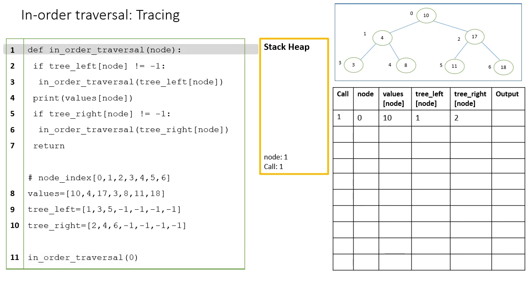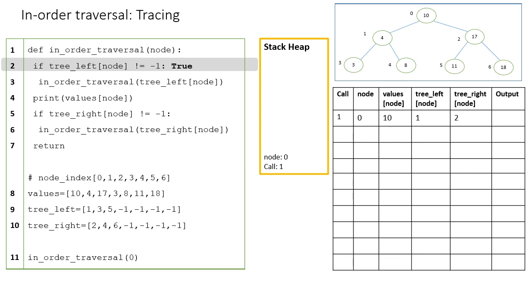And we just record in our table the value of our node there, which is 10, and we record the nodes to which it points, which are node 1 and node 2. We check then to see if our tree left node doesn't equal -1.